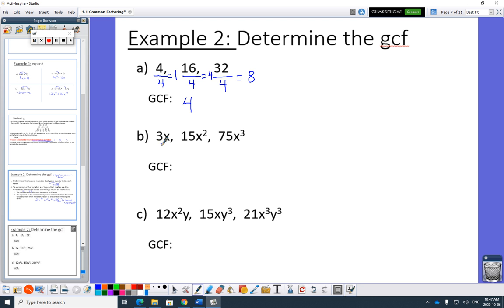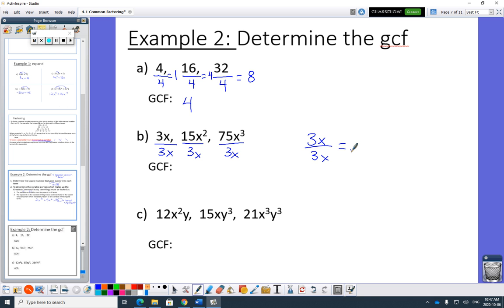But now we also have x, x squared, and x cubed. So x can be part of your greatest common factor. Since x here has the lowest exponent, I'm going to try that one. I don't have much room, so I'm going to rewrite it over here. 3x divided by 3x.